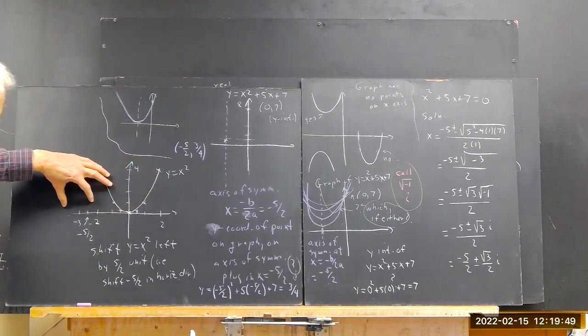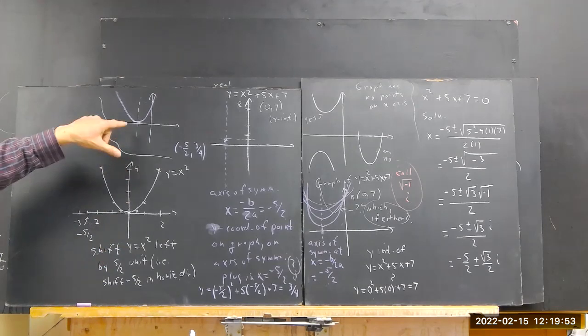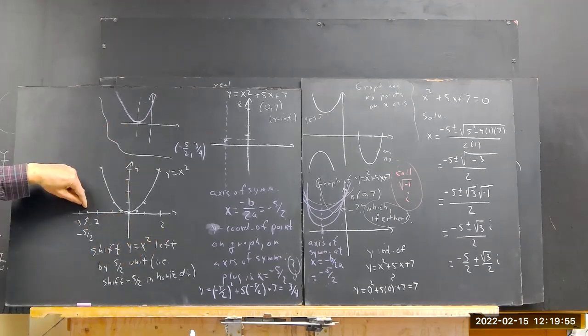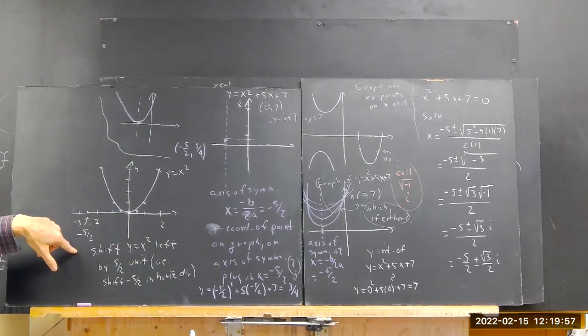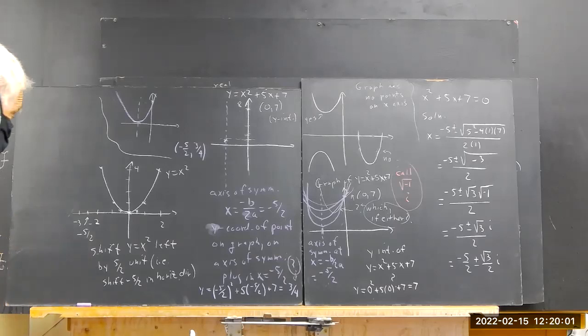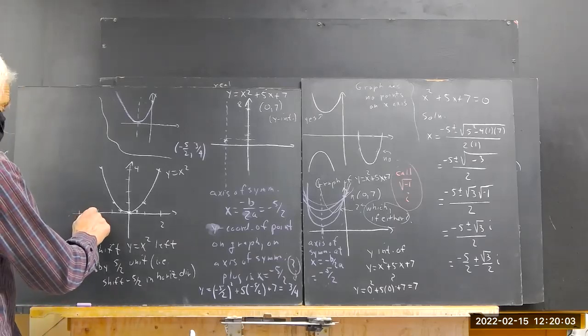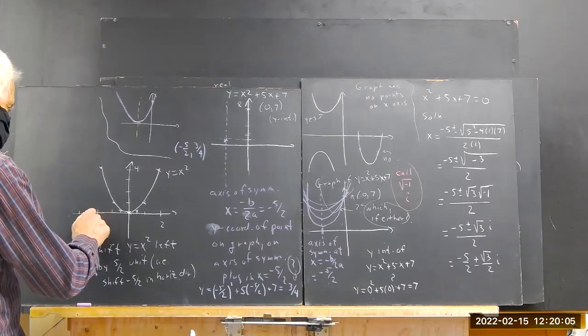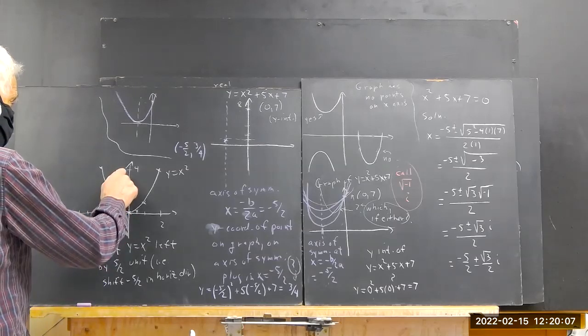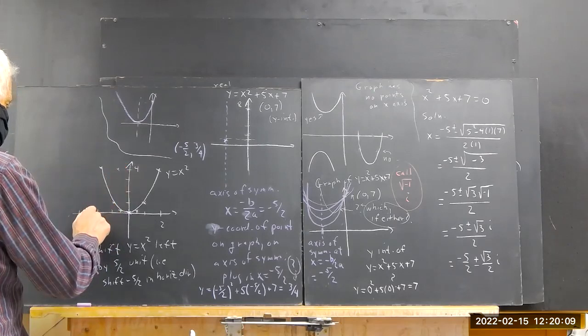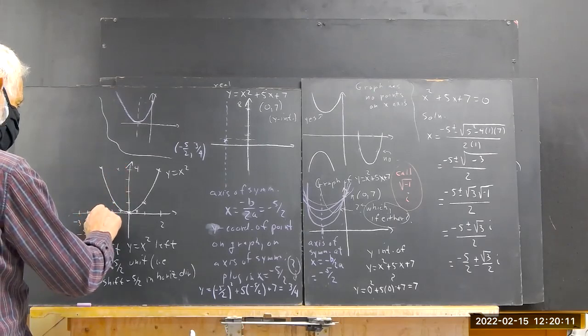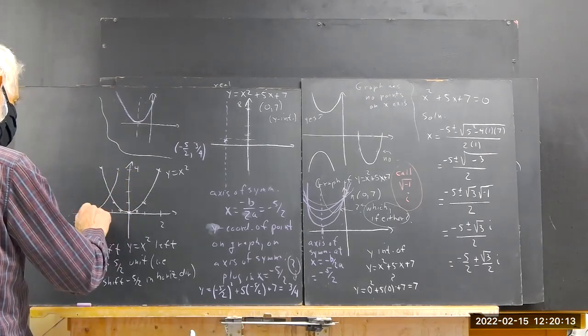If we shift this over here, its axis of symmetry was the y-axis. Its axis of symmetry is now -5/2, right? Okay, so we get a graph that looks like this.